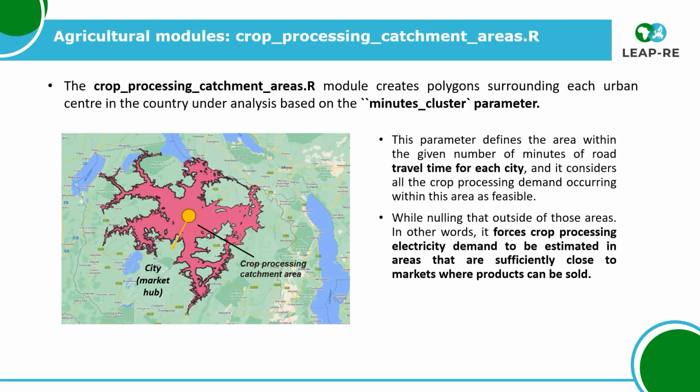So you can see in this picture the pink area, which is the area within a certain travel time from a certain market city hub. So you can play with this option to extend or shrink the coverage over space of areas that can be accessed within a given travel time and that are deemed suitable for crop processing. So we estimate that only areas that are sufficiently in reach of a market are suitable for local crop processing.